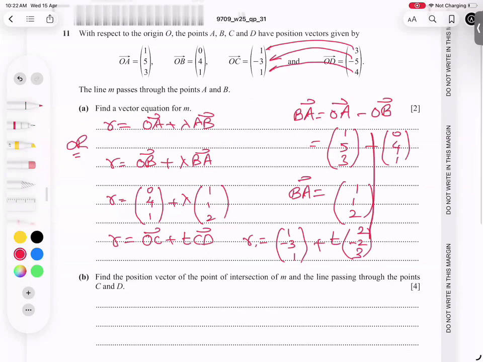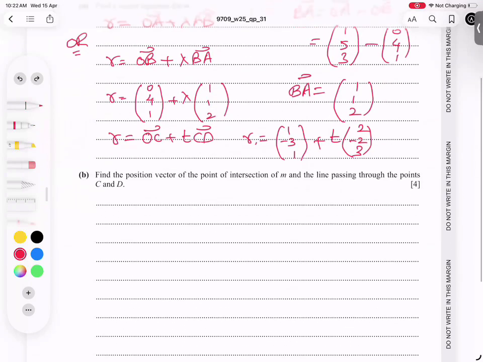Because we have to talk about intersections, first of all, I will convert to standard forms and put them equal to each other. r equals r. Basically, lambda multiplies inside and is added to all these values. So lambda into 1, lambda plus 0, so I'm getting 0 plus lambda.